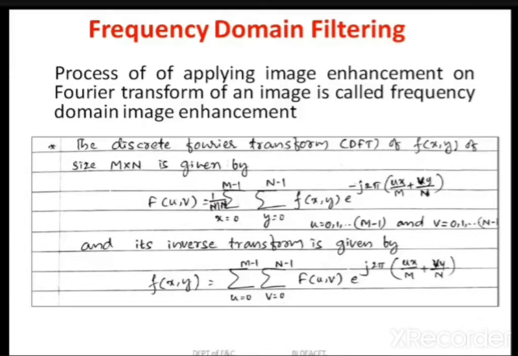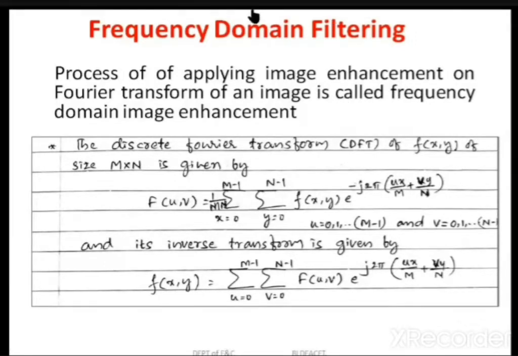Here we have the equation for obtaining the Fourier transform of the image and also the inverse Fourier transform of the image. Probably in digital signal processing, you have studied how to get the DFT of a single-dimensional signal and also the inverse discrete Fourier transform of the signal, right?